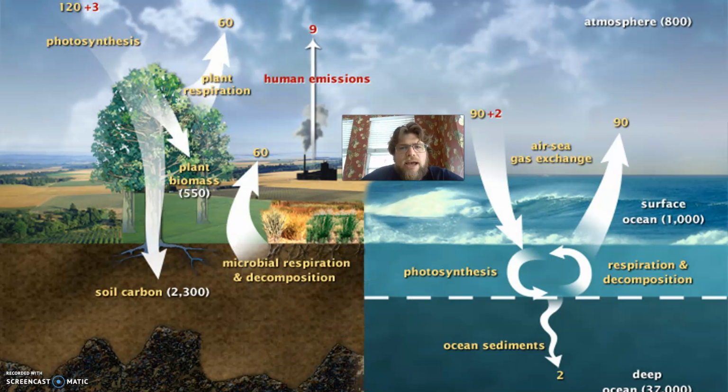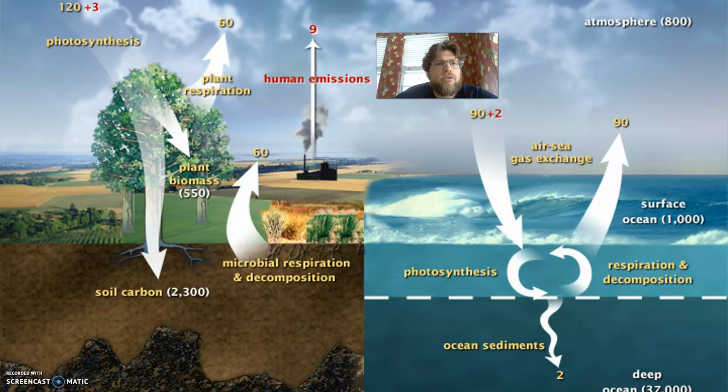So now we can go back and look at this first model, and let's go left to right. So photosynthesis, it's a process. It's taking carbon from the atmosphere reservoir into plant biomass, the biosphere reservoir. And we see that through plant respiration, a process, we can release carbon dioxide back into the atmosphere, a reservoir.